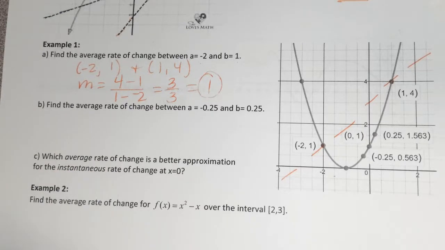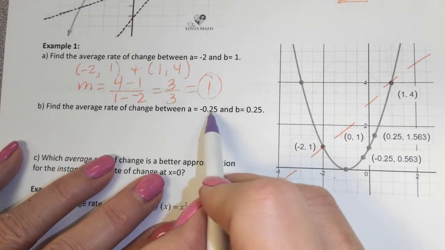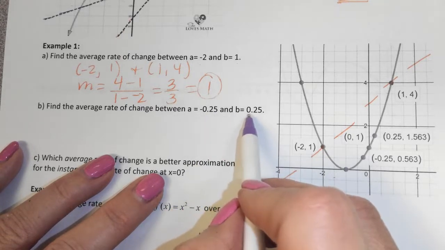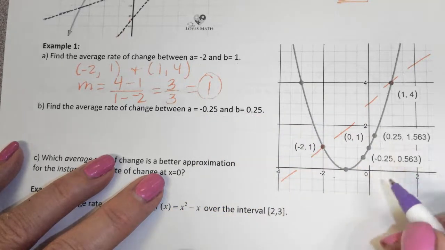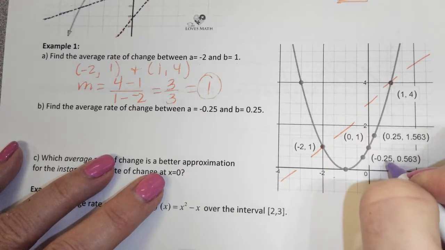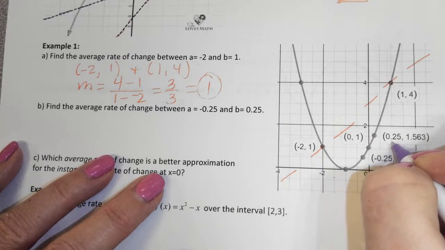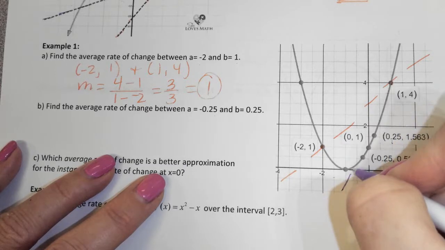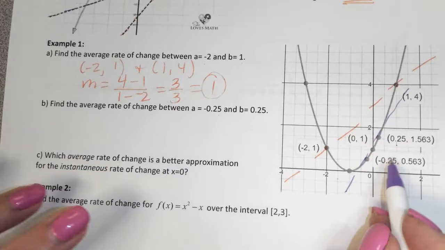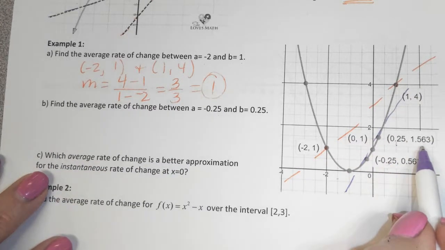Find the average rate of change between -0.25 for A and +0.25 for B. So here's -0.25, here's +0.25. We want to find the average rate of change there. So again, we're just going to find the slope between those 2 points.